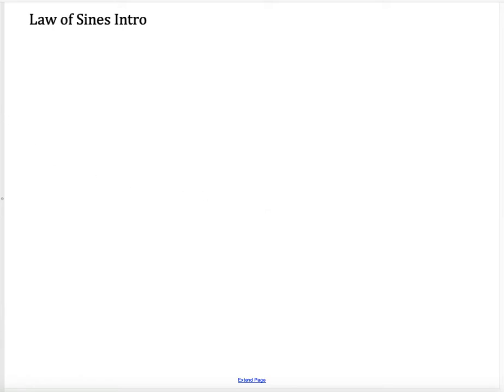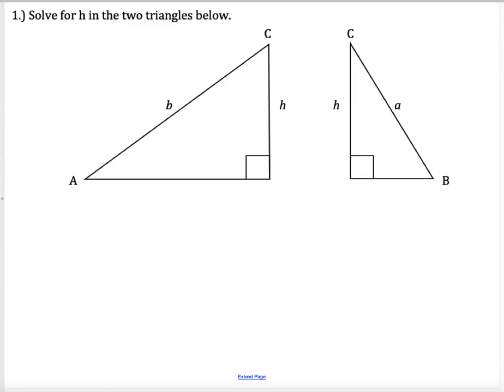To get started, it says solve for h in the two triangles below. On this triangle, we're going to use angle A, and on this other triangle, we're going to use angle B. Would you agree h from angle A is the opposite? B is the hypotenuse.